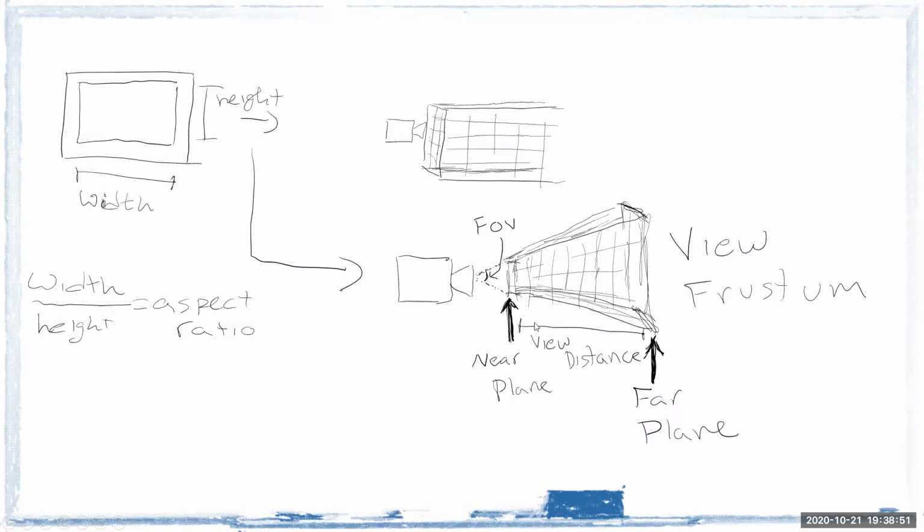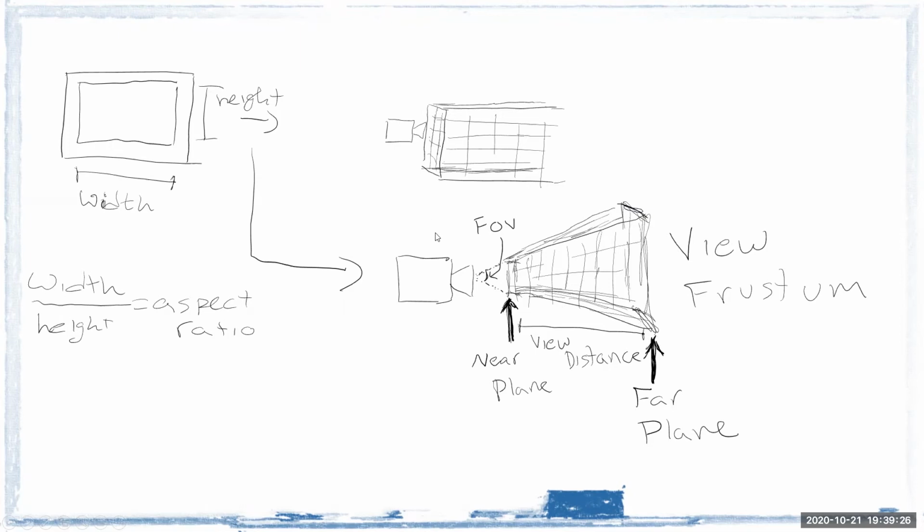So we need quite a good bit of information to figure out how to map all of the space that's inside of this frustum. By the way, this far plane is the cutoff, so we don't render off into infinity. We stop at a certain distance, and that's what the far plane is. So we've got a view distance that goes from the near plane to the far plane, which describes the maximum depth that we can render to.